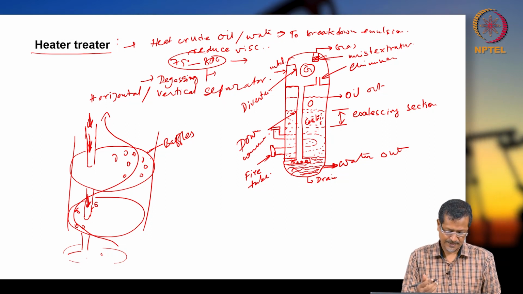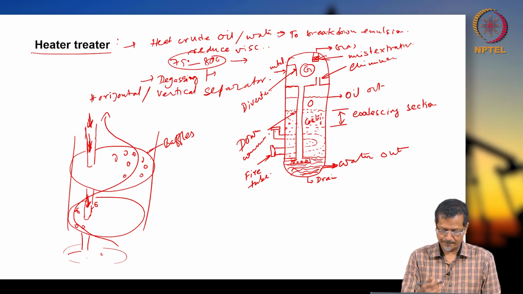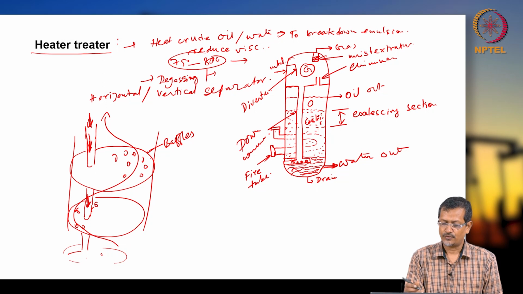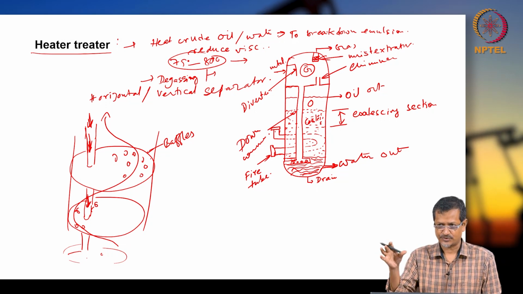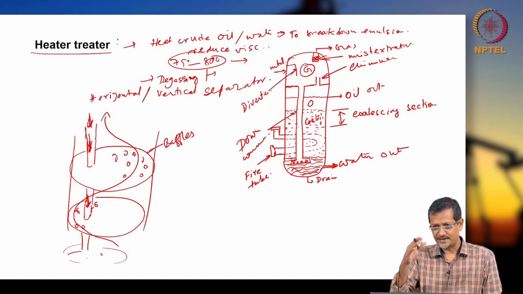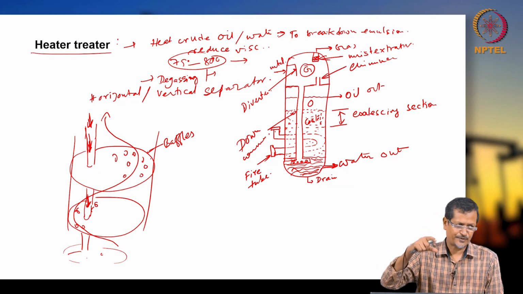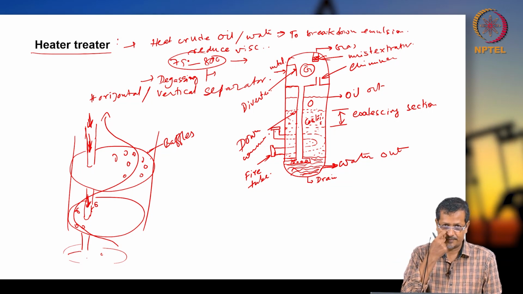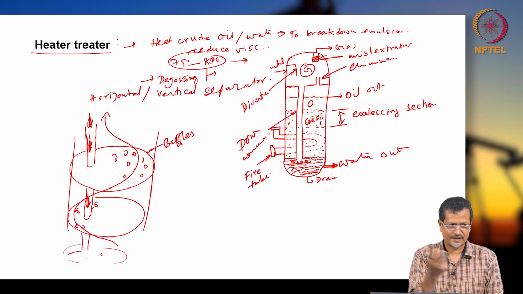Heating removes more gas. Heated clean oil preheats the incoming cooler fluid. So the oil you are getting out will be at a higher temperature, and that temperature is again used for heating the inlet flow, so that you are recovering some amount of heat. Because if you are not recovering, you are giving some energy, so there is energy loss, so there is monetary loss.